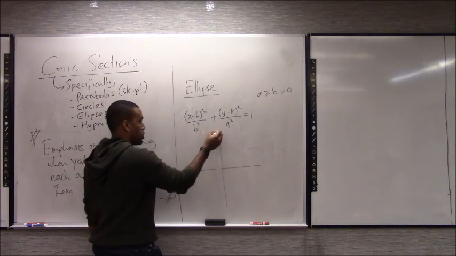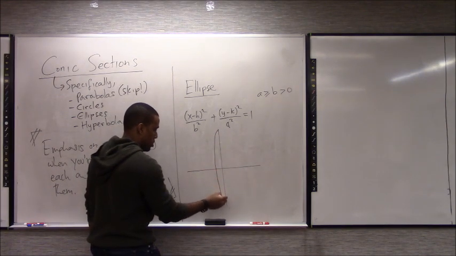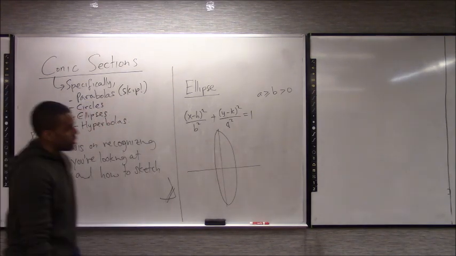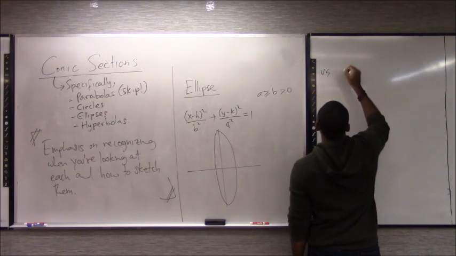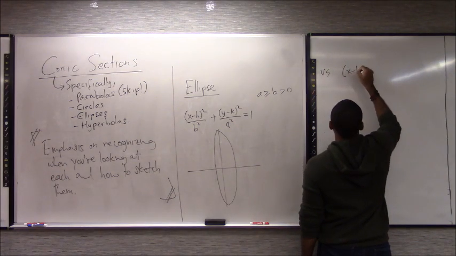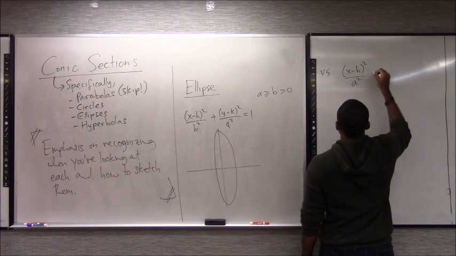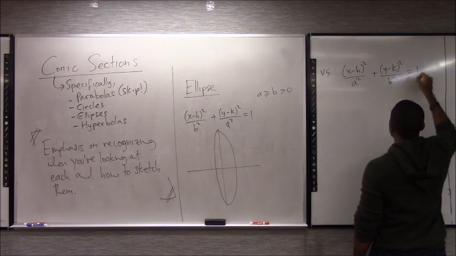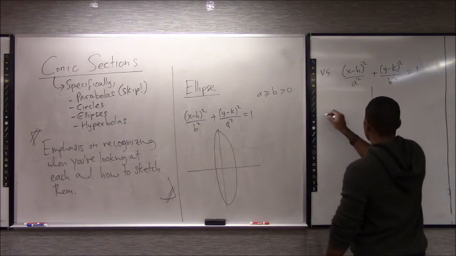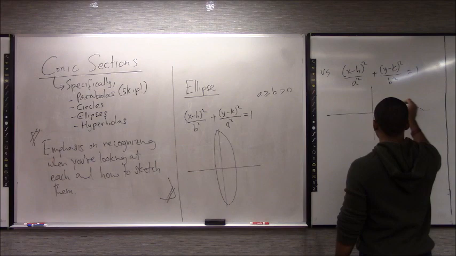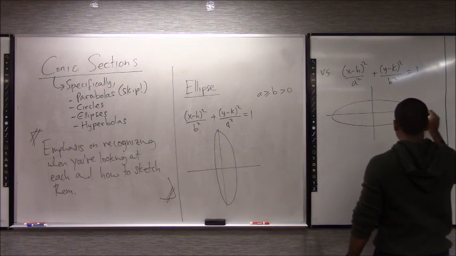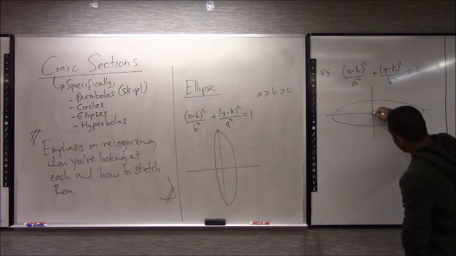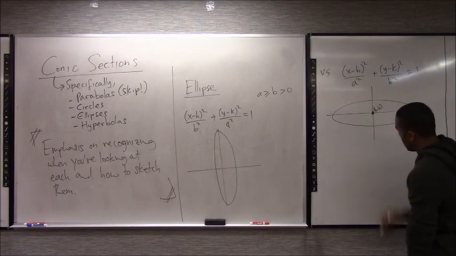So an ellipse would look like this, and I'm going to tell you specifically how to get that sketch. Versus if you have (x minus h) squared over a squared plus (y minus k) squared over b squared equals 1, and a is the larger number, this one is going to stretch longer in the x direction. Now the center is going to be (h, k), which here I drew at the origin, but it doesn't have to be at the origin.